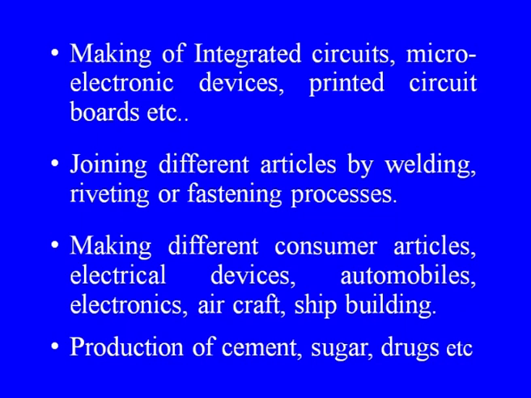Creating useful products by compacting powders using powder metallurgy techniques. Polishing and coating articles to better products by finishing processes. Making of integrated circuits, microelectronic devices, printed circuit boards, etc. Joining of different articles by welding, riveting or fastening processes.